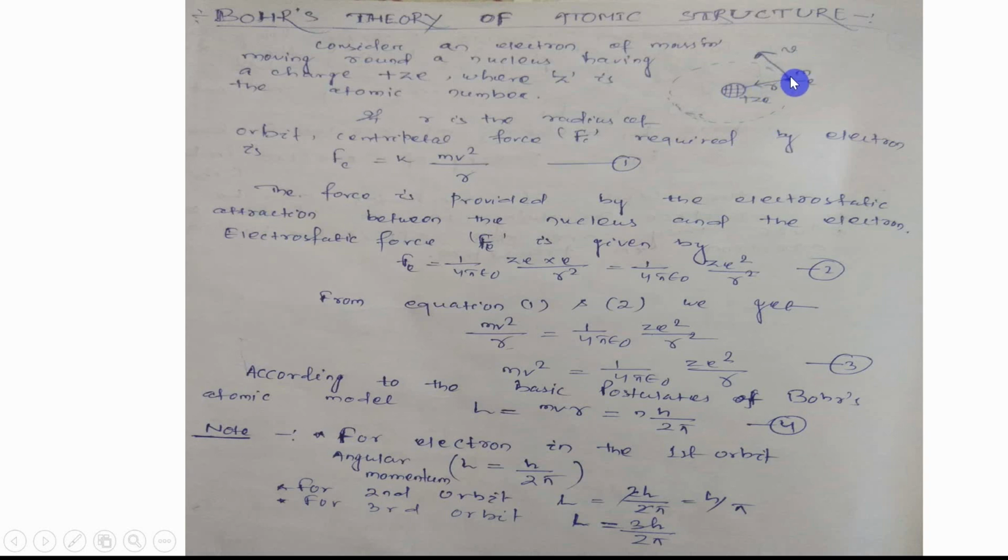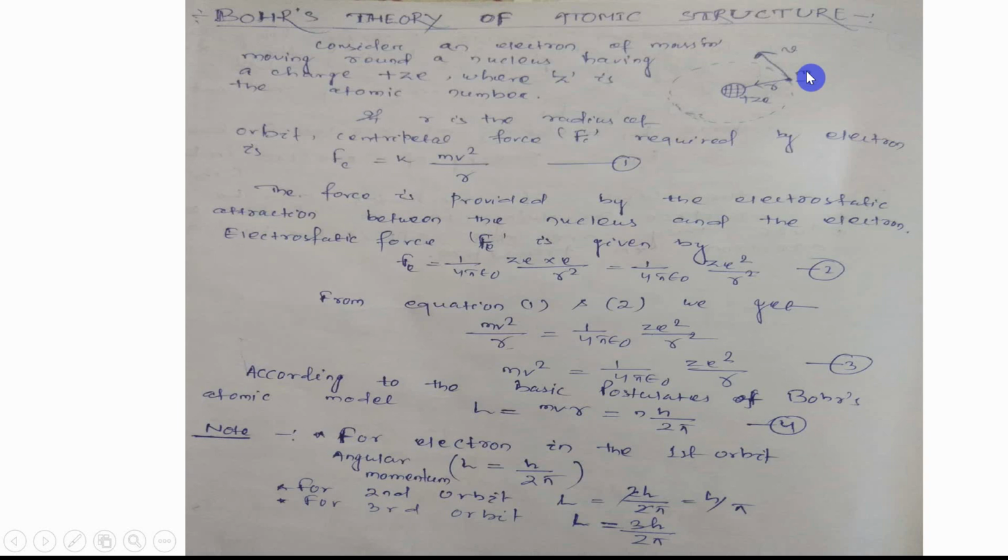Let m be the mass of the electron, and inside the nucleus, protons and neutrons are present. Since the neutron is chargeless and the proton has positive charge, let Z protons be present here, Z being the atomic number, so the total charge of the nucleus is Ze, and the charge of the electron is minus e.